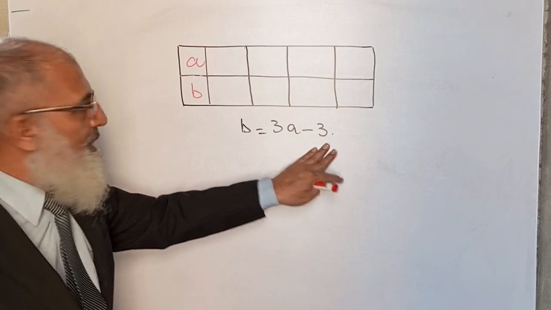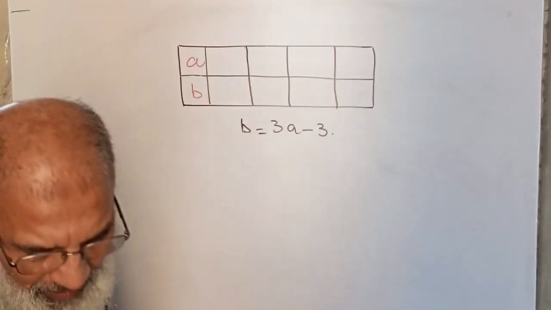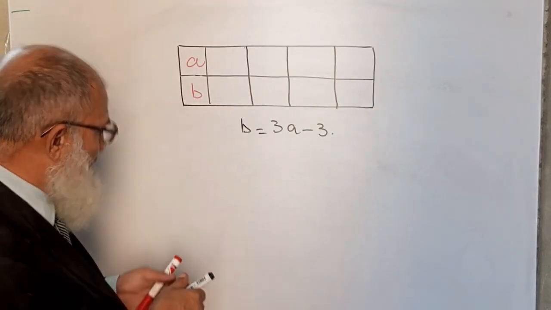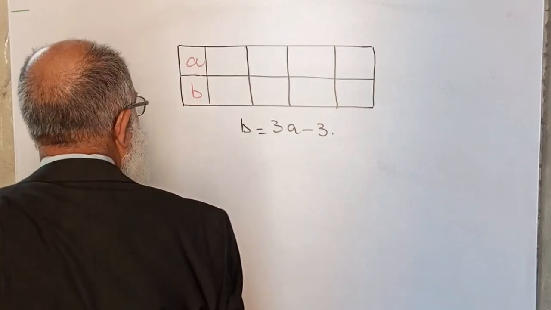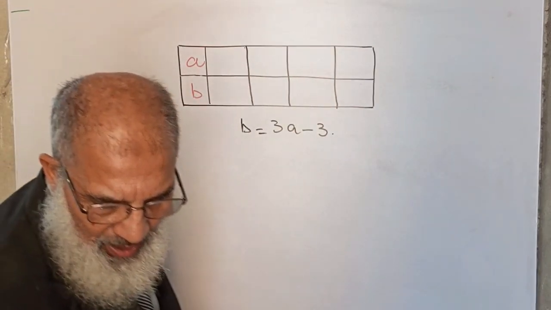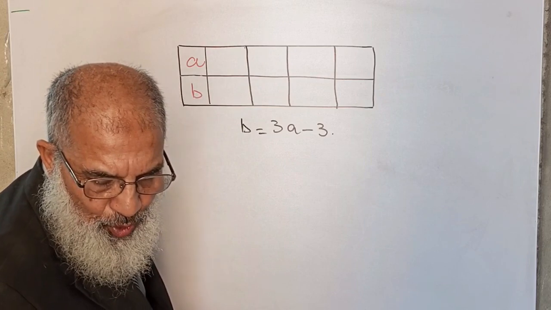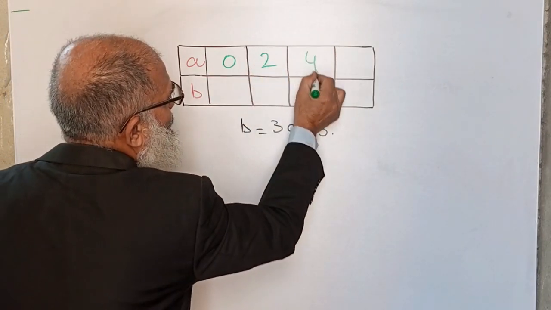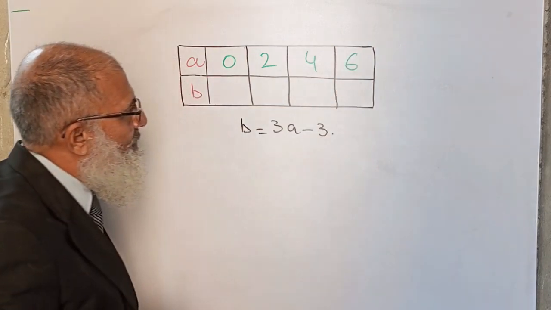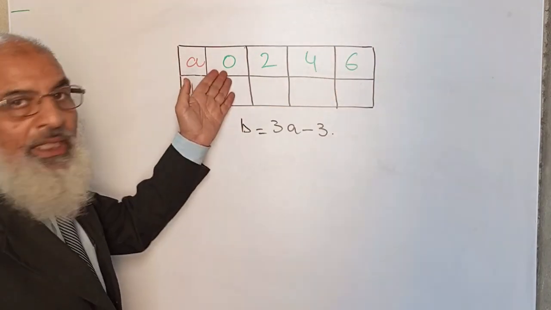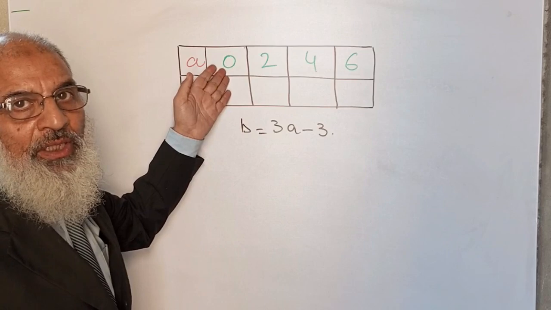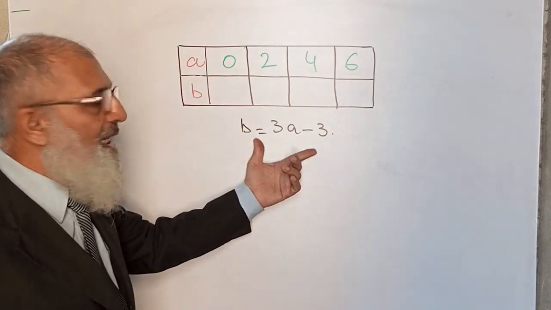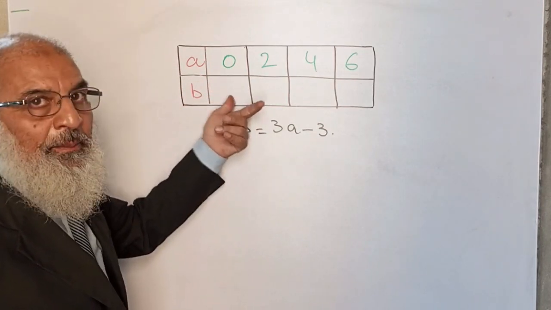This formula is given, this table is given, and some values are also given for A. The values are 0, 2, 4 and 6. Now we have to manipulate each of the values, find its value and write it over here.